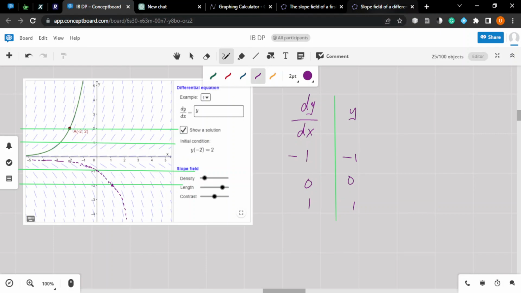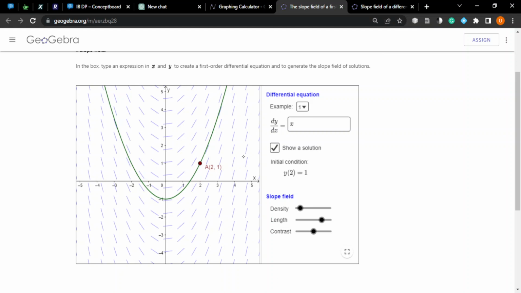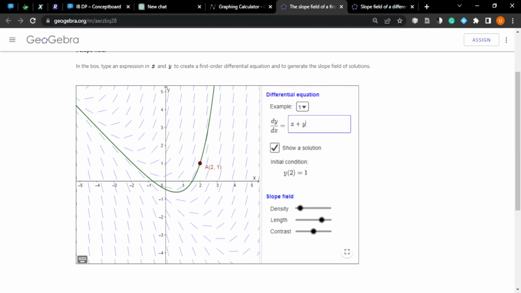Now we can use some software. For example, I am using GeoGebra, and it is very interesting and easy to use software. For example, this is dy over dx equal to x plus y. We discussed this equation at the start. See, this is the curve, this is the solution. The solution tells us that when you solve it, you get a function.